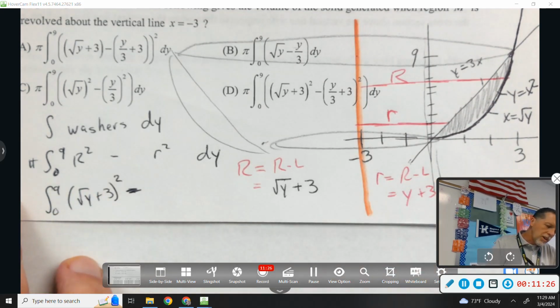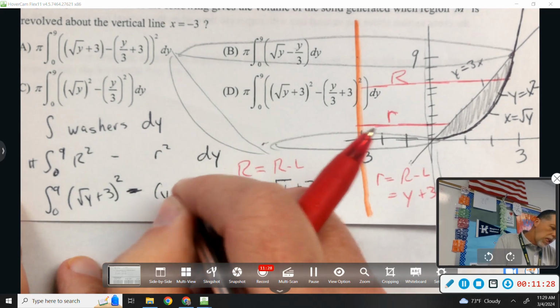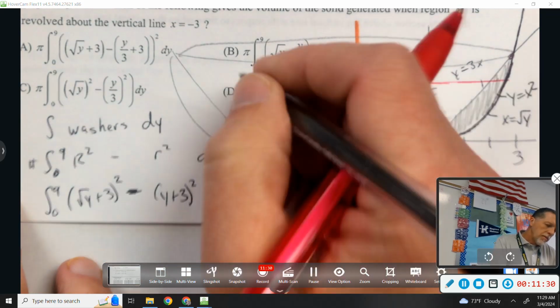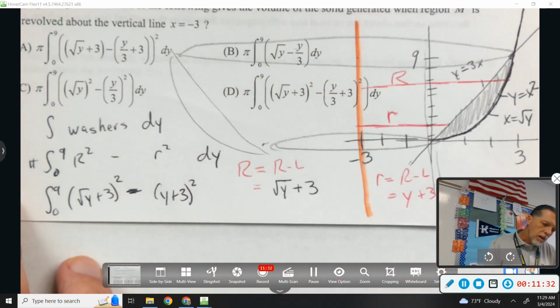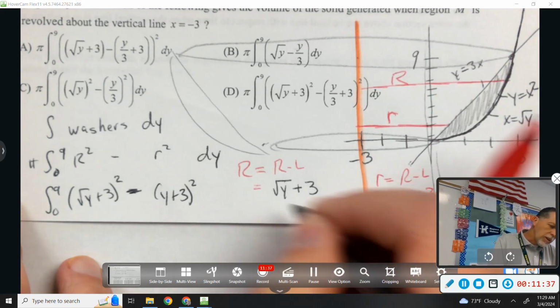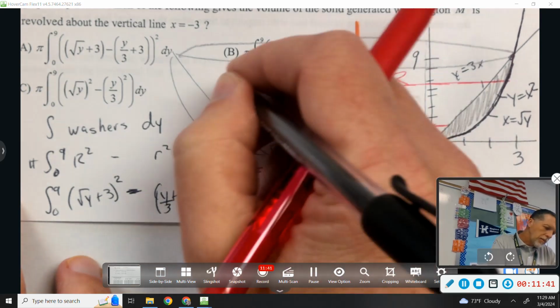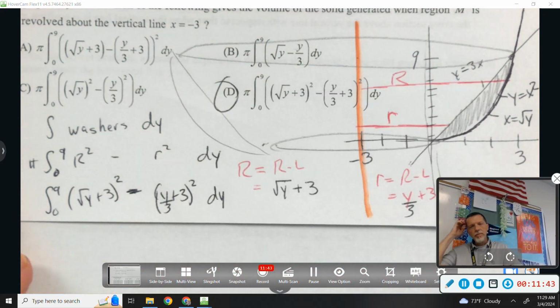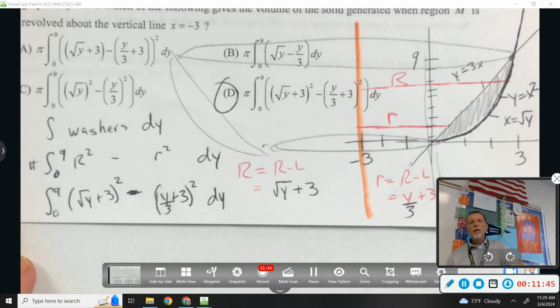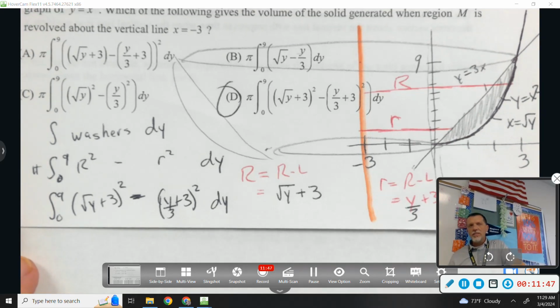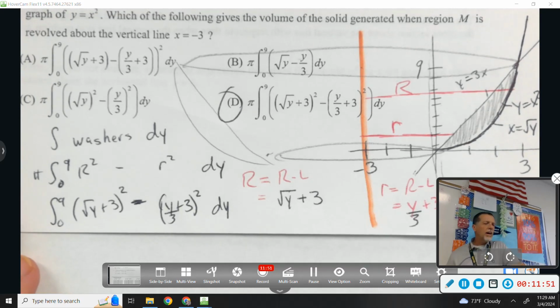Y plus 3. Oh, what happened here? Why is that not right? Oh, that's 3x. So y over 3 plus 3. So yes, it is D. Another example of a question that's with calculator, but you don't really need your calculator unless you wanted to graph those in the calculator to make sure you knew what you were looking at.